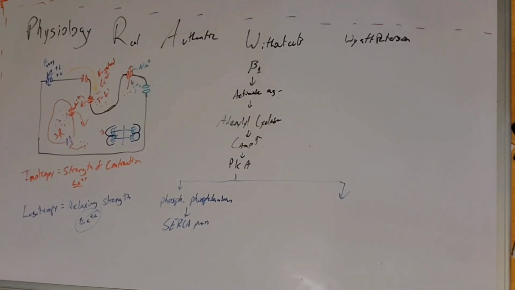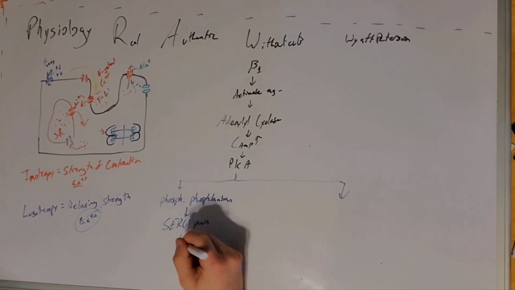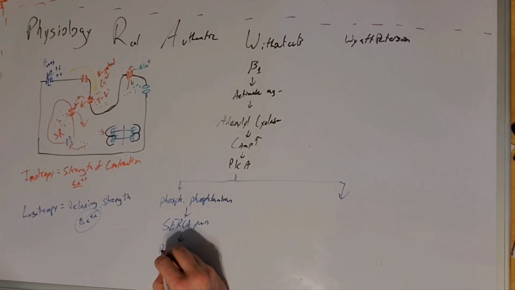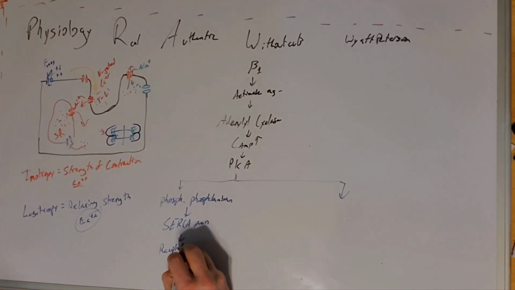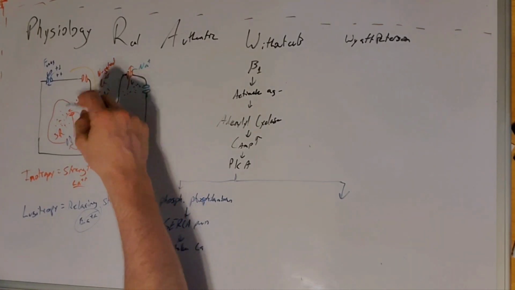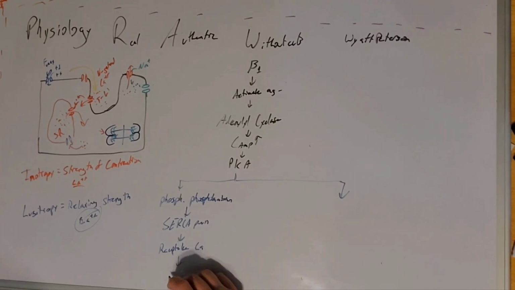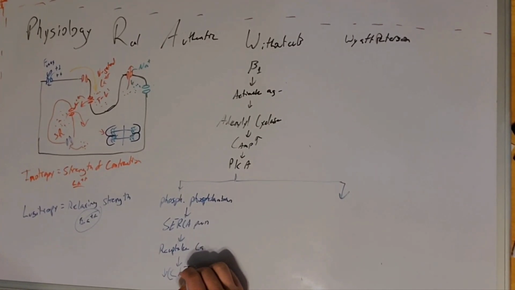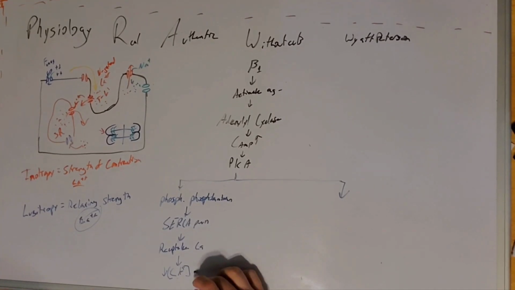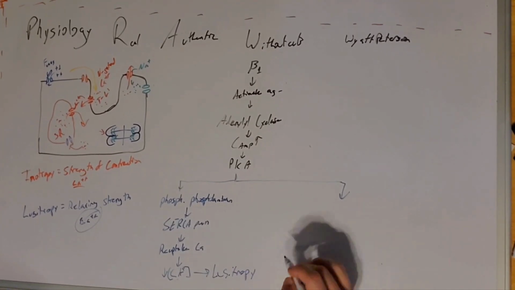So that'll open up that channel, which will force it to reuptake calcium from the inside of the cell. And so if that's pulling very hard, then obviously calcium concentrations will reduce, which leads to that lusitropy.